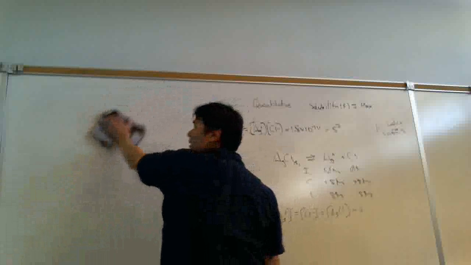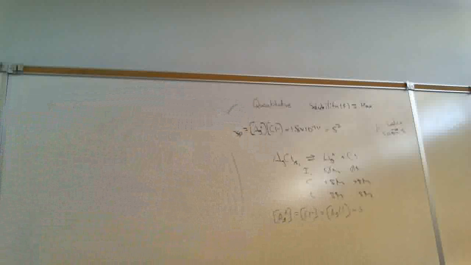So what you can do is you can look up in a KSP table. There are lots of KSP tables around, including the one in our book in Appendix D. Let's take a look at a KSP table here. It's not in Wikipedia.